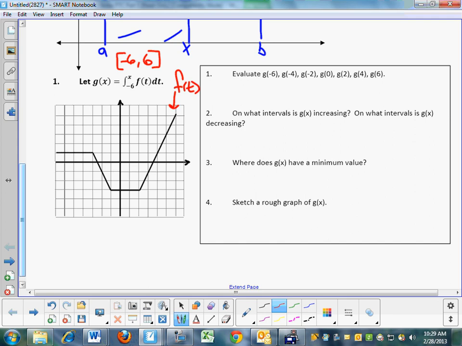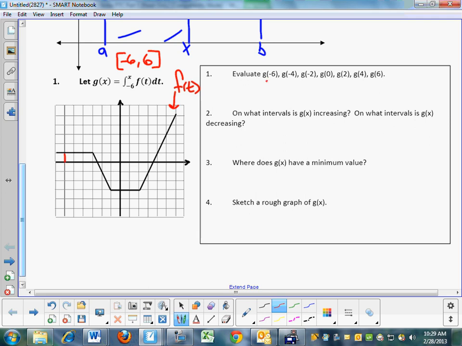So I'm going to say that g of x is going to be the area function. The first question says evaluate g of -6. If g is defined to be that, I want to find the area from -6 to -6. What's the area from -6 to -6?